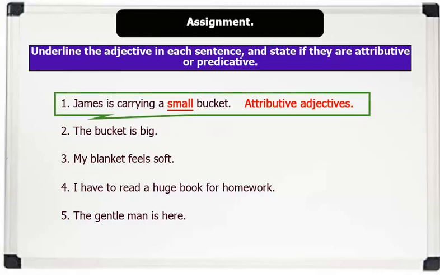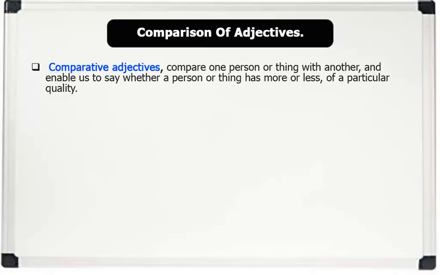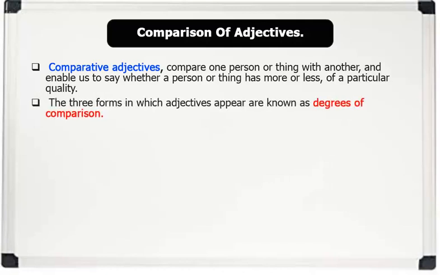Let us go over to comparison of adjectives. Comparison of adjectives. Comparative adjectives compare one person or thing with another and enable us to say whether a person or thing has more or less of a particular quality. The 3 forms in which adjectives appear are known as degrees of comparison.